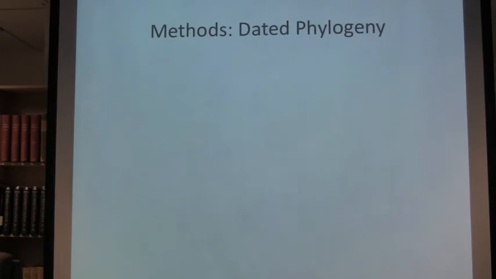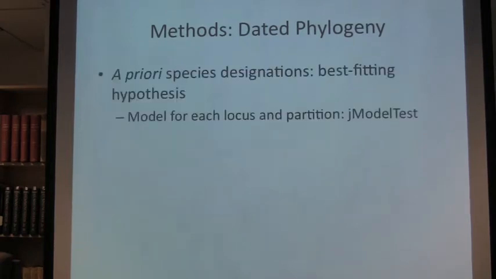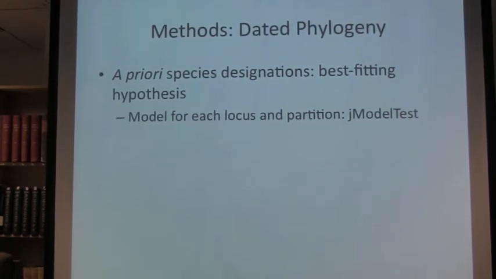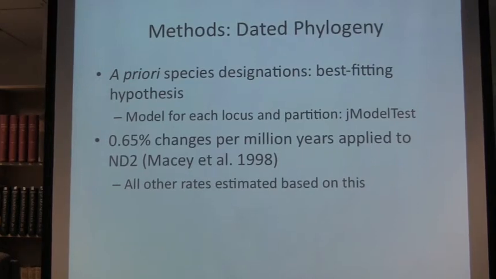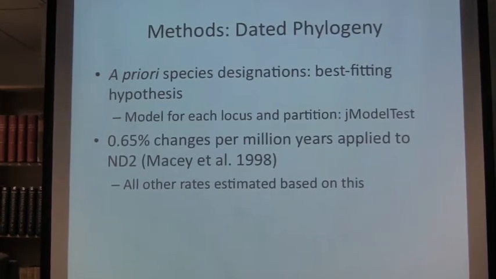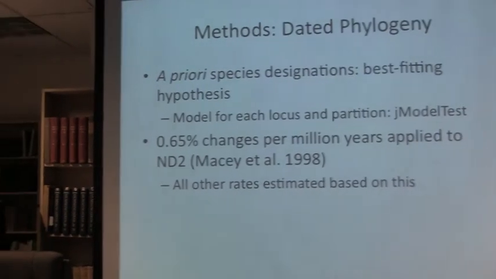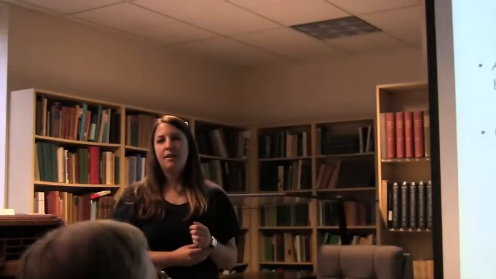Finally, I inferred a dated phylogeny of the Crotalus viridis complex. For a priori species designations for this dated phylogeny, I applied the best fitting hypothesis of species delimitation recovered using the Bayes factor method. And I applied a 0.65% changes per million years rate of evolution to ND2, and all other rates were estimated based on this ND2 rate.